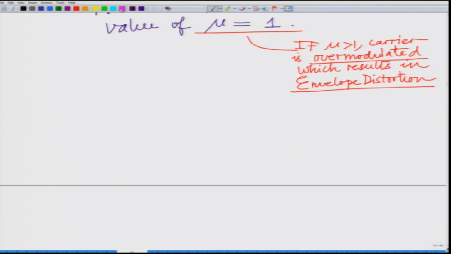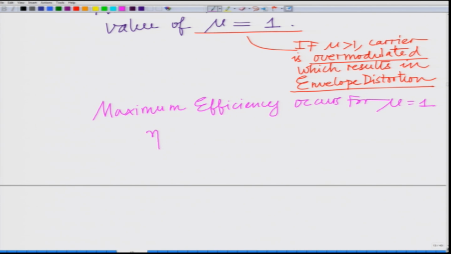Therefore, maximum efficiency occurs for mu equal to 1, which means eta max equals mu square by 2 plus mu square evaluated at mu equal to 1, which is 1 by 2 plus 1, which is 1 over 3.